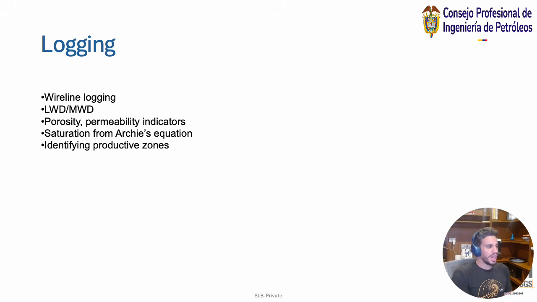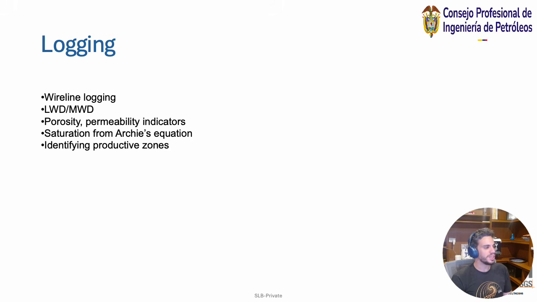So wireline logging is, I guess you can say, the gold standard when it comes to logging, or data acquisition, or reservoir characterization. And then LWD and MWD we've talked about. And then the porosity and permeability indicators, basically the different types of tools to acquire these parameters.